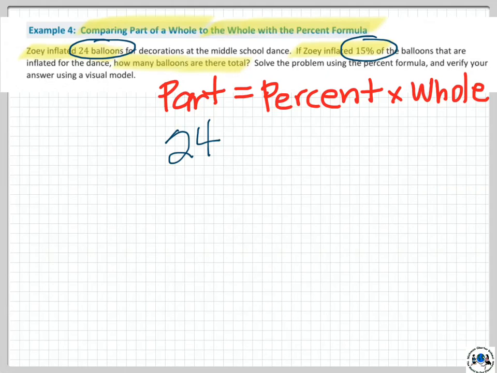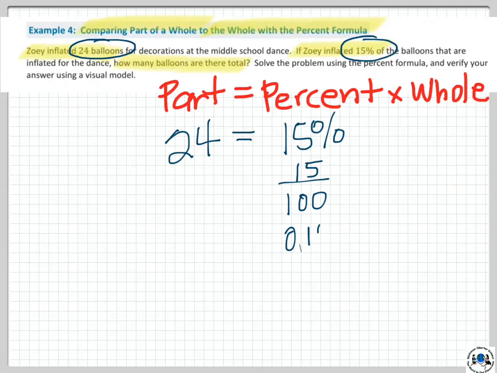That plugs in there, equals 15%, or 15 over 100, or 0.15. Okay, we could use any of these, preferably the latter two, times, in this case, W, because we don't have the whole.